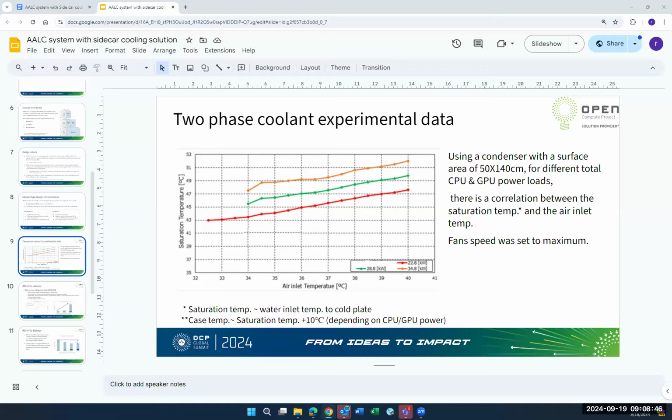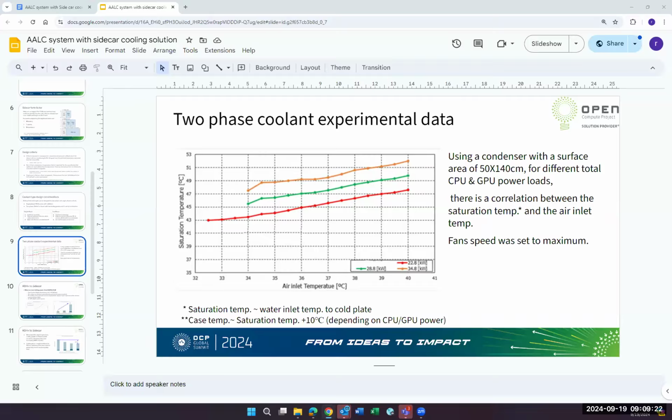It's okay. This is giving you a connection between the inlet air temperature and the case temperature of the chip. This is actually the limitation of the condenser at this size, meaning that if you have a rack that is 34 kilowatt, for example, that's the orange line, and you need case temperature around 50, then maximum air inlet could be 40 degrees.